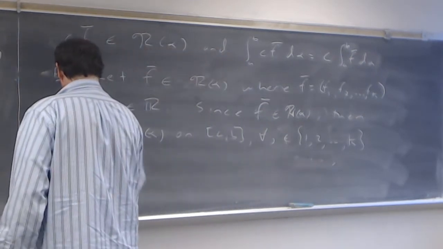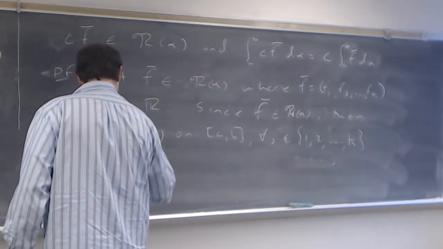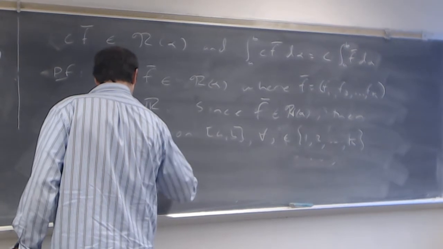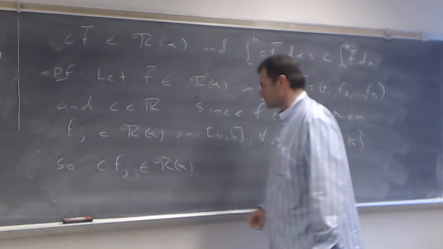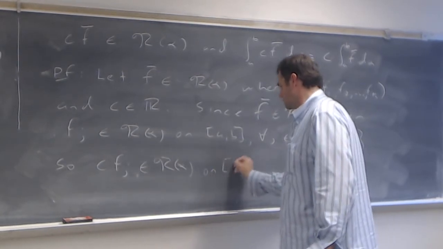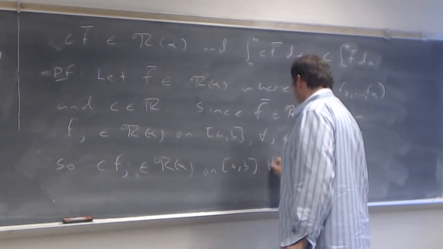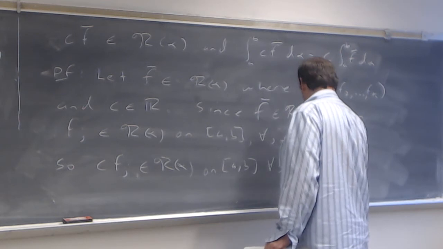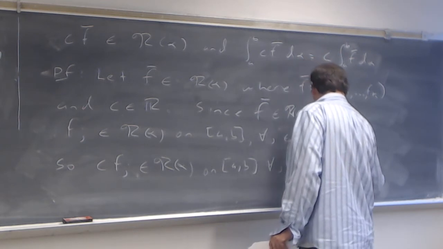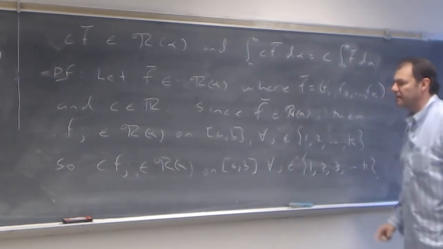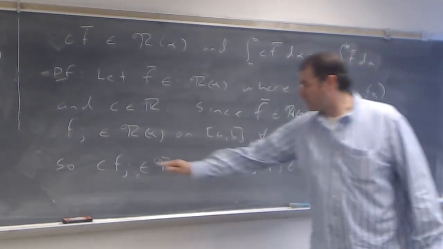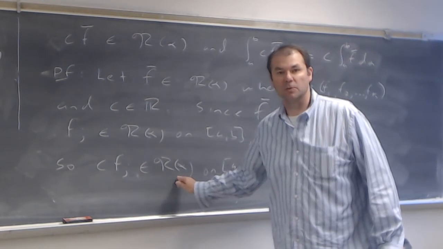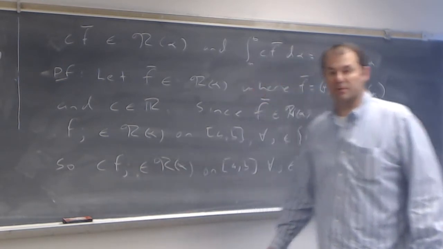So that means c f sub j is an element of the Riemann-Stieltjes integrable functions on a to b for all j element of 1, 2, 3, all the way up to k. Because we proved that anytime you give me a real value function f sub j that's Riemann-Stieltjes integrable, then a constant times it will be Riemann-Stieltjes integrable.